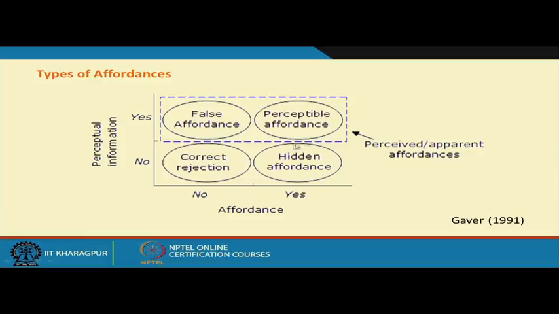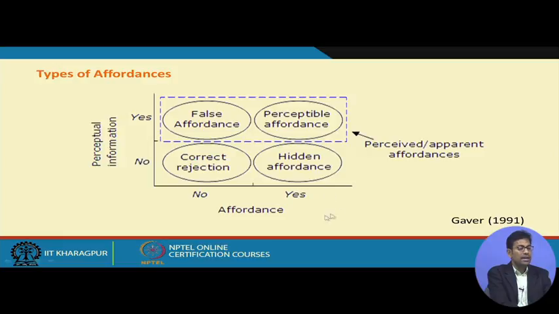Whereas hidden affordance appears when there is affordance but there is no perceptual information. Say for example, you have a wall and you have a door there. So you have an affordance which is present, but perception-wise you cannot make it out. Maybe it's a glass door on a glass wall.